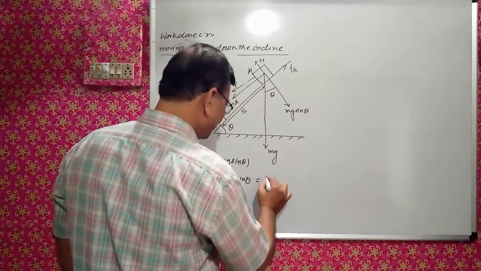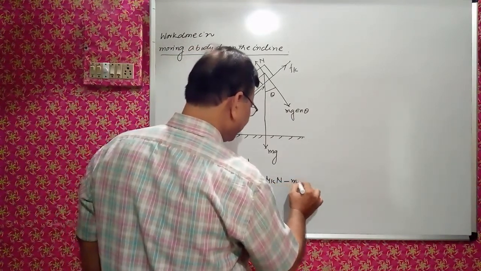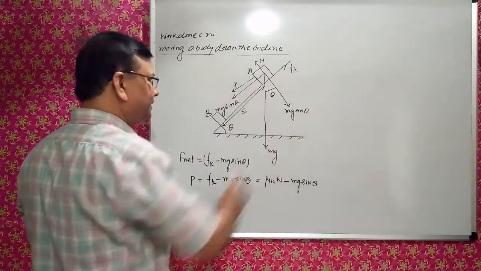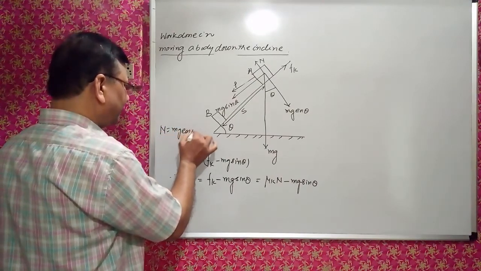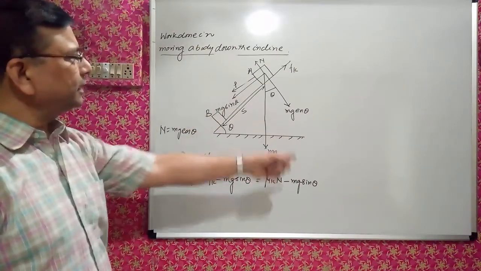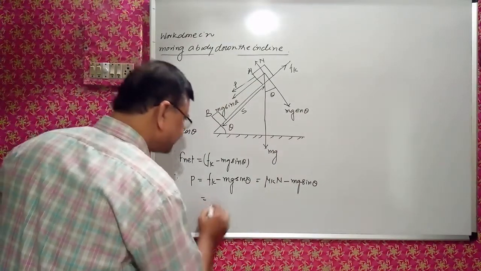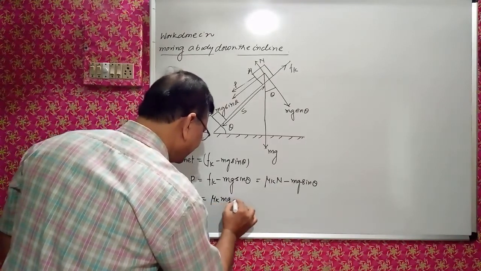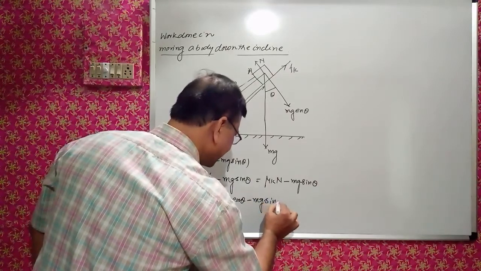Again Fk is equal to mu k into N, minus mg sin theta. Here N is equal to mg cos theta, isn't it? Mg cos theta, because there is no motion perpendicular to the inclined plane. Okay, therefore mu k into mg cos theta minus mg sin theta.